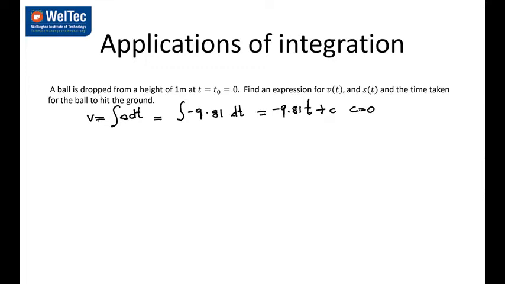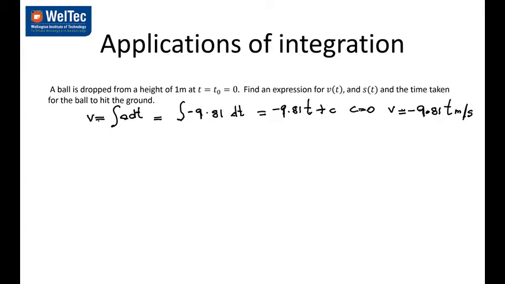So our velocity is simply negative 9.81 t. That is the case with anything that you drop: it's negative 9.81 t.